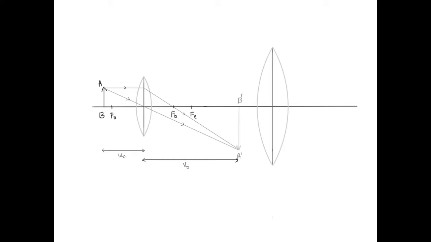All right. So if you look at this, A dash B dash serves as an object for the eyepiece, correct? Let's say UE is the distance. Now, with respect to the eyepiece, A dash B dash is the object.